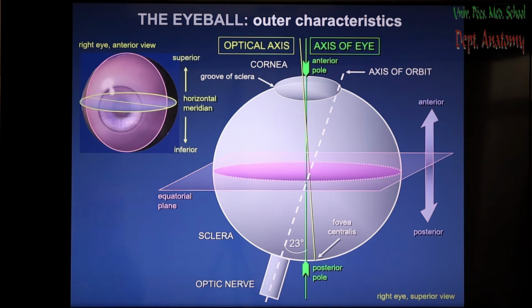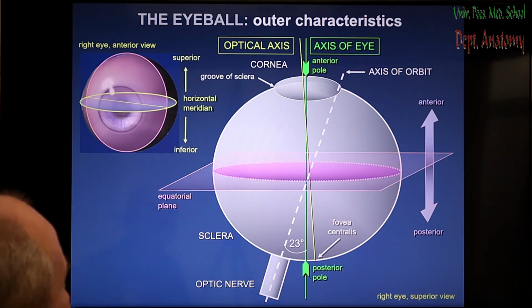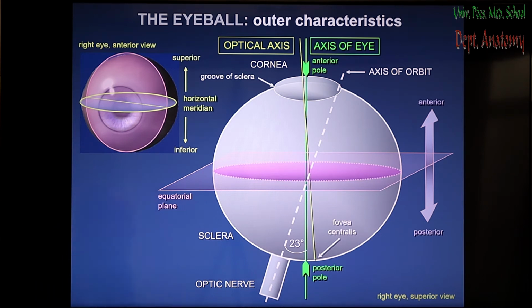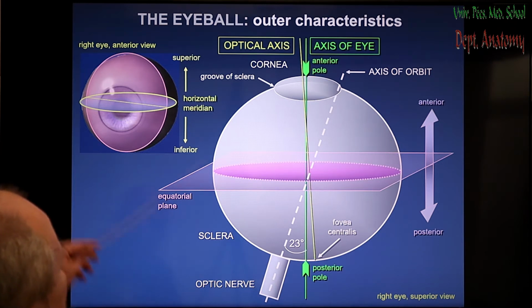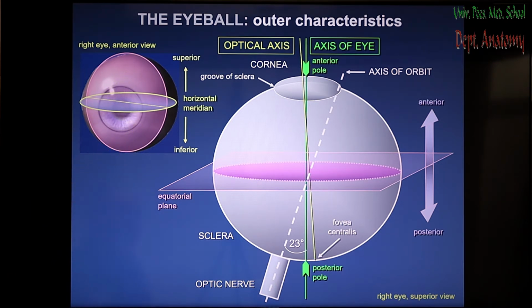Perpendicular to this is a horizontal meridian, the meridians being like the meridians of the earth itself. So the horizontal meridian divides superior and inferior halves.